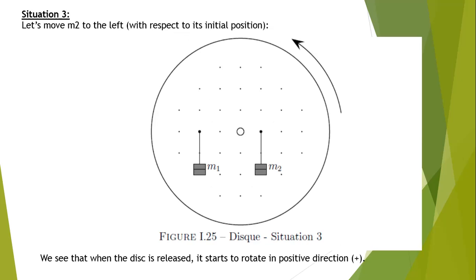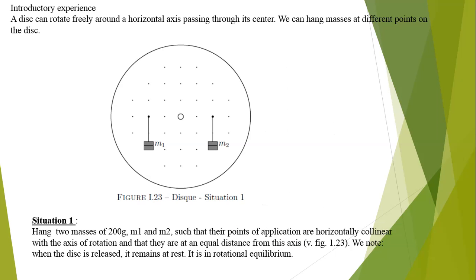If we return to our situations, in situation 1, the two masses are equal and are located at an equal distance from the axis of rotation. So the weight relative to M1 and the weight relative to M2 are equal.